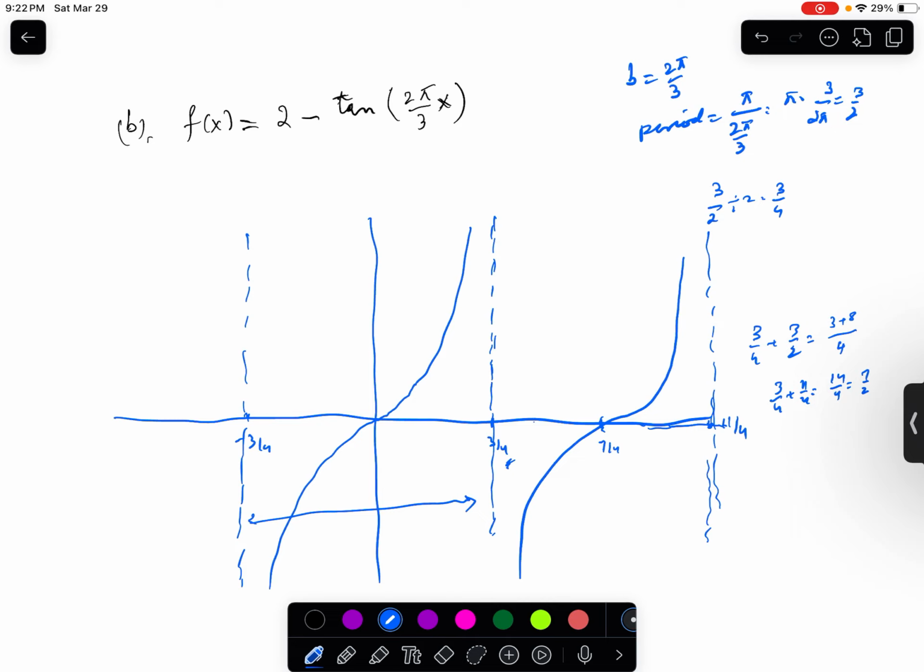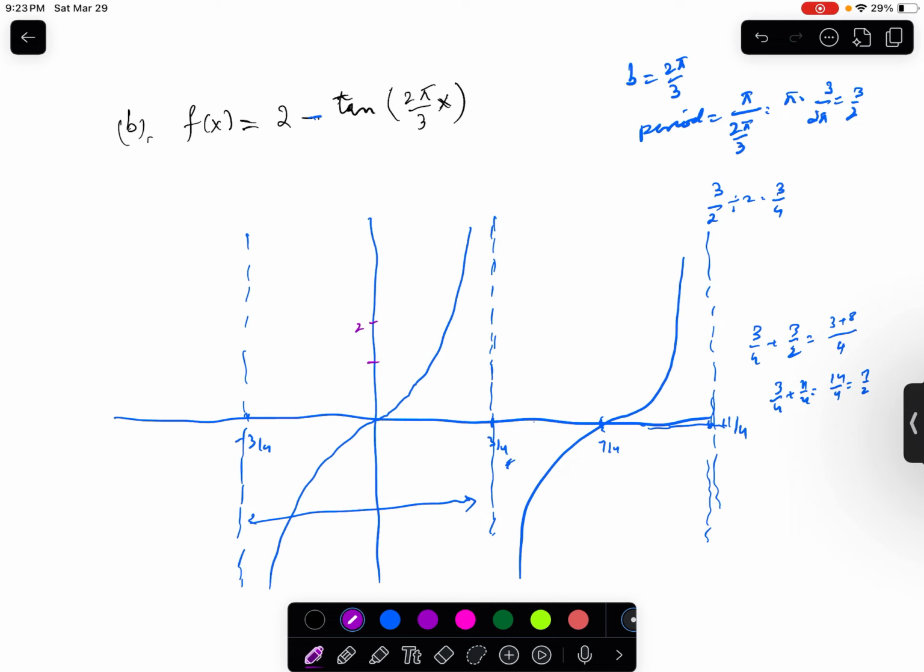Oh, by the way, I forgot one thing. We have to flip it because of this negative sign, and then we have to move it 2 units up. So flipping it, I will use a different color now. Flip and move up. If this is 1, this is 2.